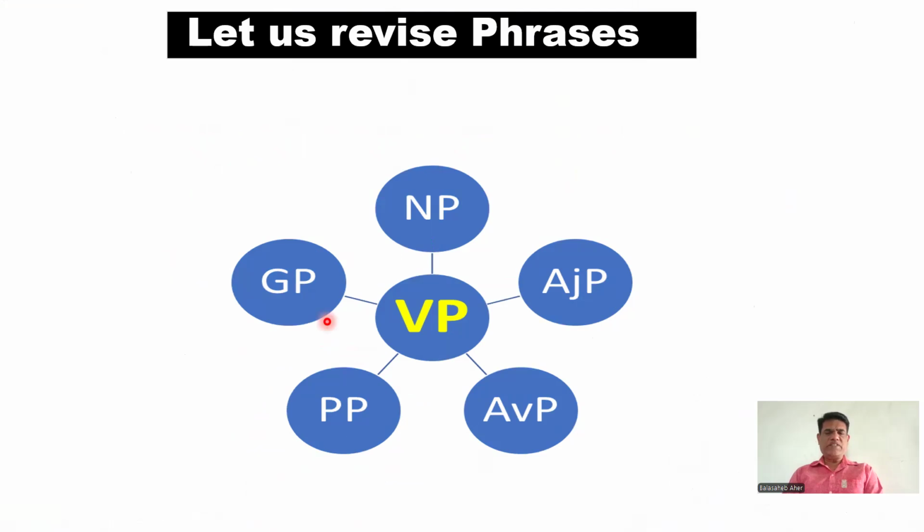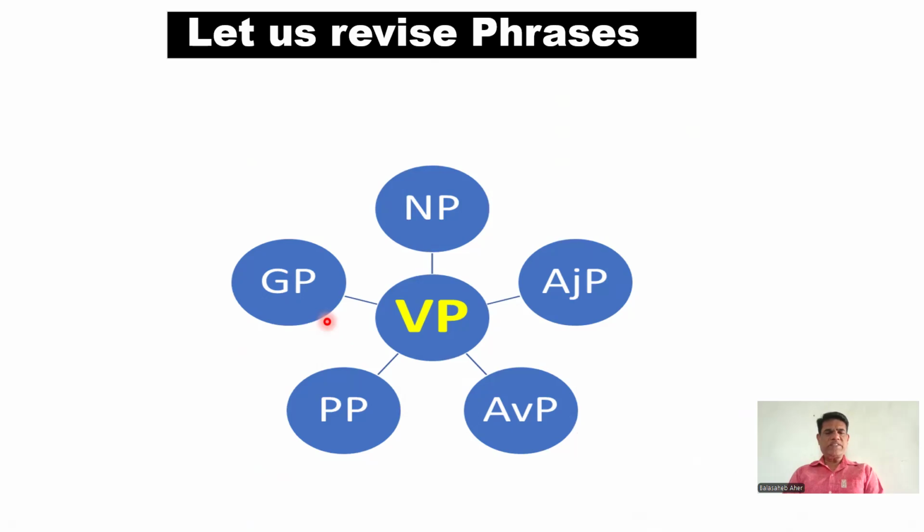These were the phrases that we studied: noun phrase, adjective phrase, adverb phrase, prepositional phrase, genitive phrase, and verb phrase. These are six phrases we have already studied, and you must remember them for the analysis of question number 2A.